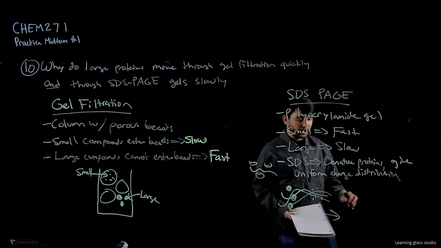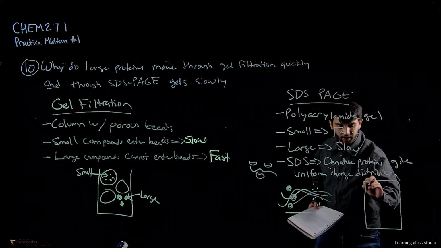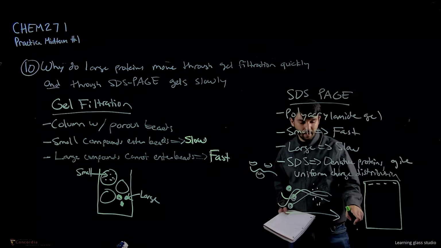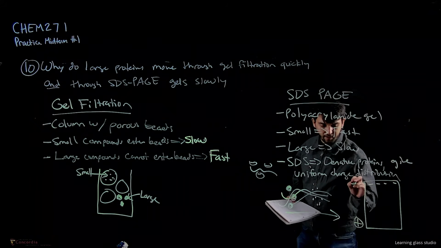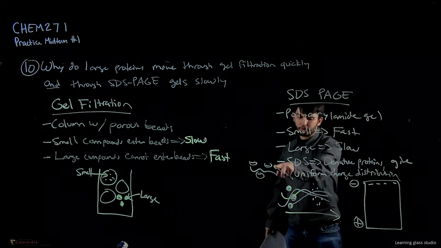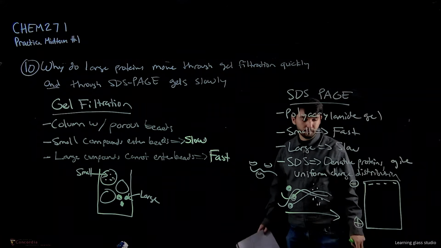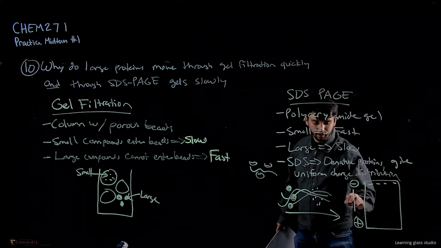And what this looks like in the gel is this is where you enter your proteins up here, okay? Down here we have the positive electrode, and up here we have the negative electrode. The proteins will be negatively charged, so they will move from the negative electrode to the positive electrode.